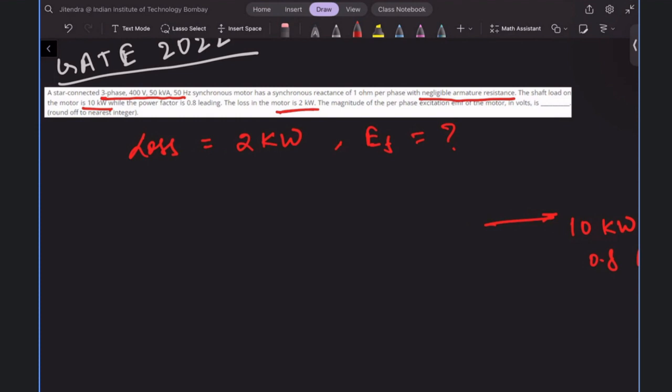It will be very convenient for you if you draw an equivalent circuit first thing. If you draw the equivalent circuit, the question will become very simple for you.